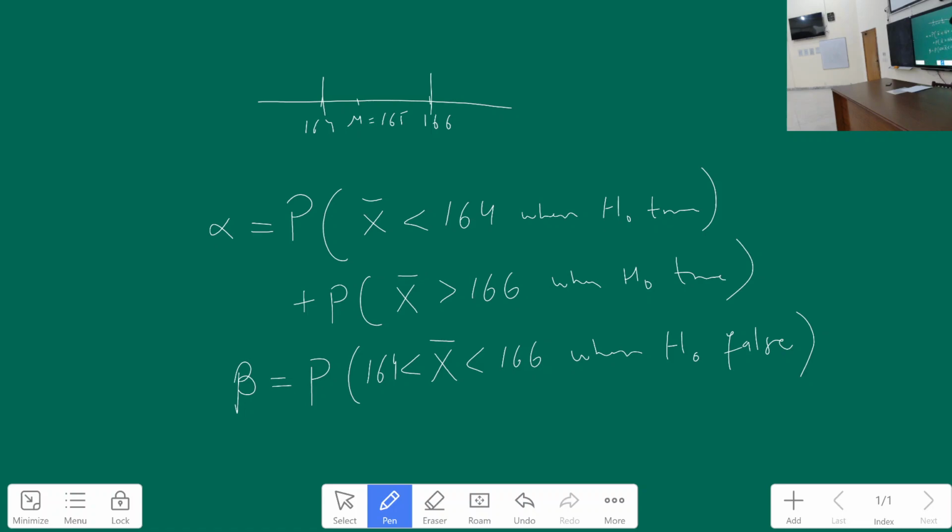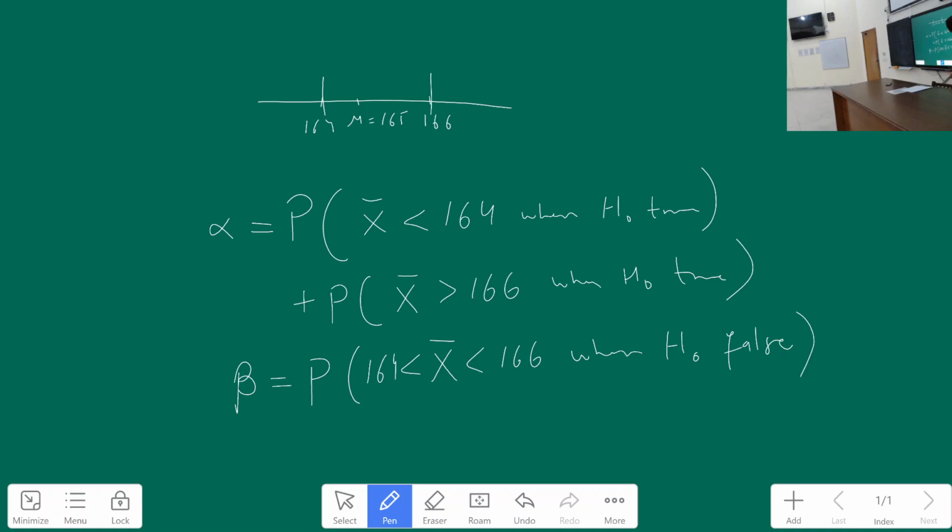Since you will end up in this range, you will be in the critical region. Your conclusion will be I was right. But when will your conclusion be wrong? When I was actually wrong. So H naught is false, or you could say H1 true, if you want to. I write it like this. Now you could have a very specific value for the alternate hypothesis also.